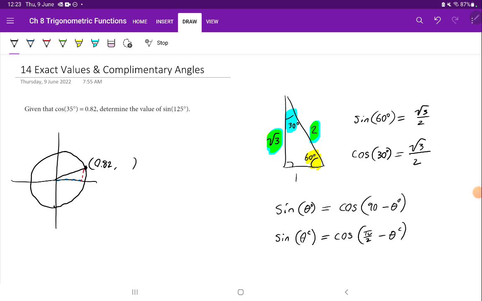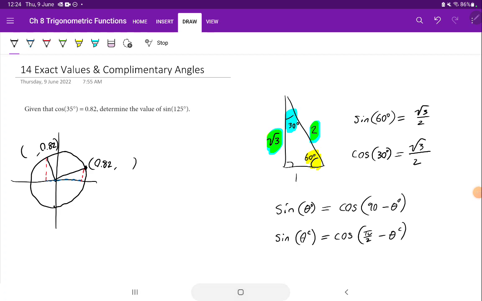Well, 125 is actually bigger than 90, so it's actually going to be up here. And once again, we can go through and draw in our two lines there. But you can see here that the blue side that we knew before actually matches up with the red side we know now. It means that the height is going to be 0.82.